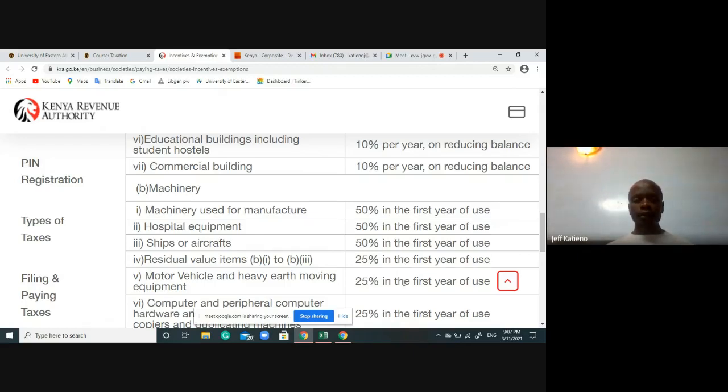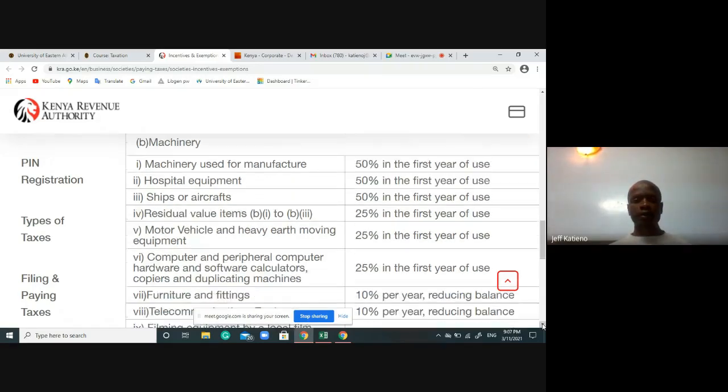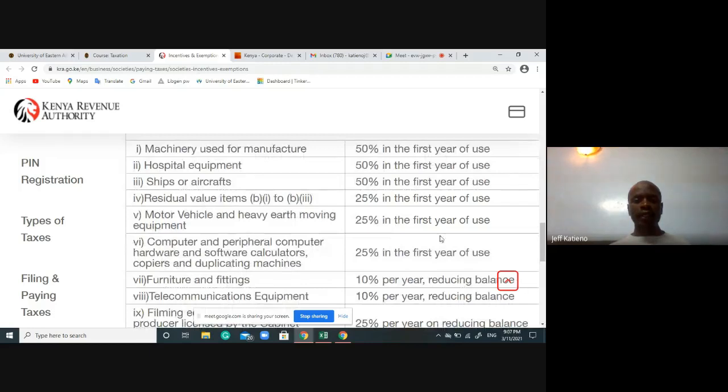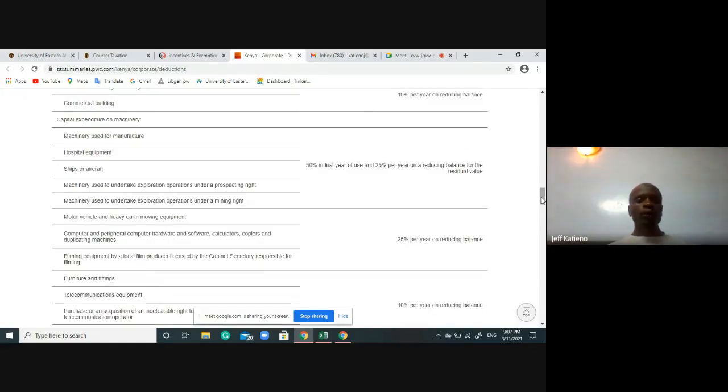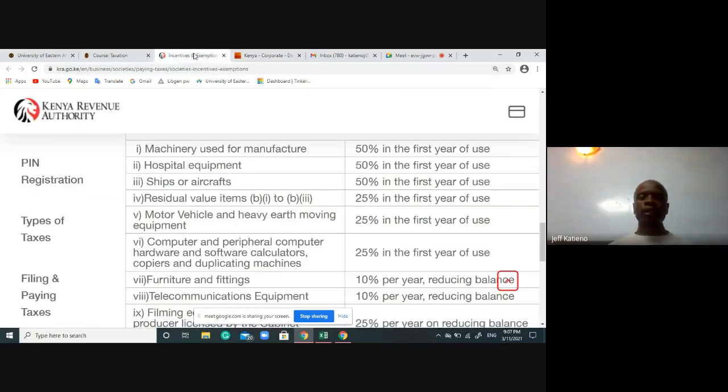Then motor vehicle, 25% in the first year of use, and these people just end there. But if you look at PWC motor vehicle, you will find that it is 25% on a reducing balance. So for motor vehicle and computers, you will apply 25% in the first year of use constantly, but on a reducing balance.